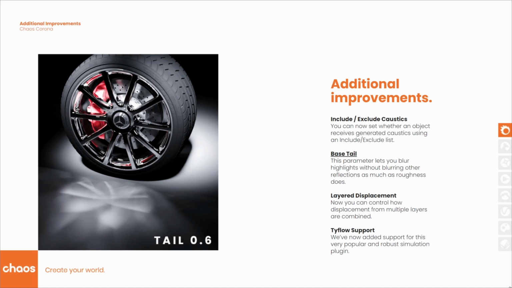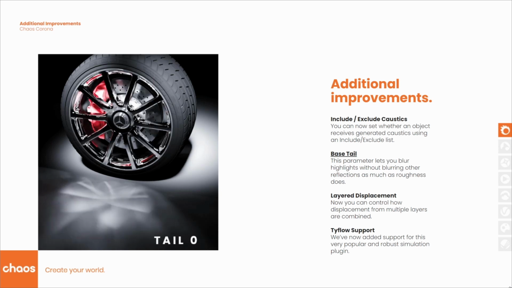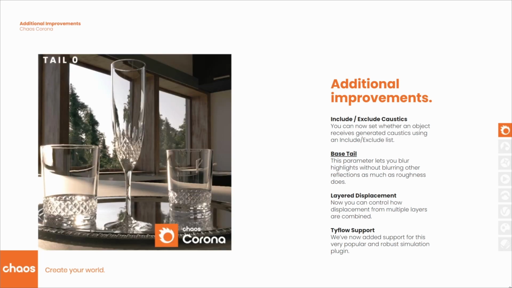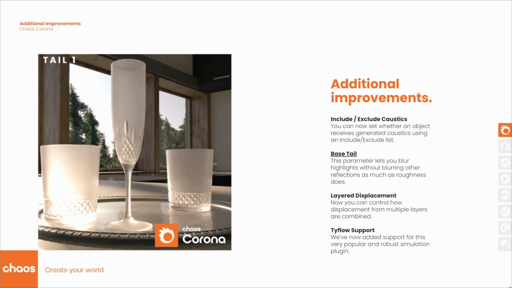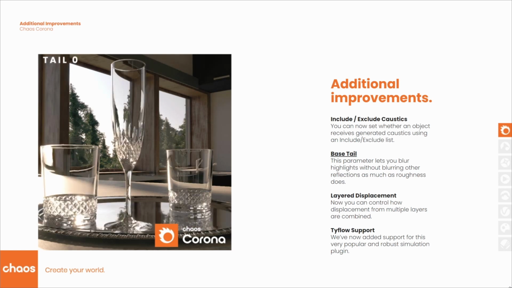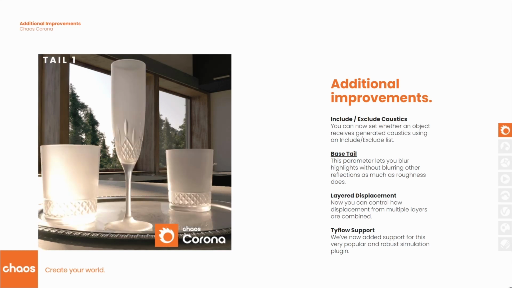You can see how this metal material here changes when we up the tail's blurriness. Okay, it's different than roughness, and if you want, you can experiment with it. You can get some really nice results with it. And it does not only work for reflections, it also works for refractions here, as you'll see. As we up the tail, things are going to get blurrier, but it's not the same as roughness. Again, it's just about blurring that tail that's there.